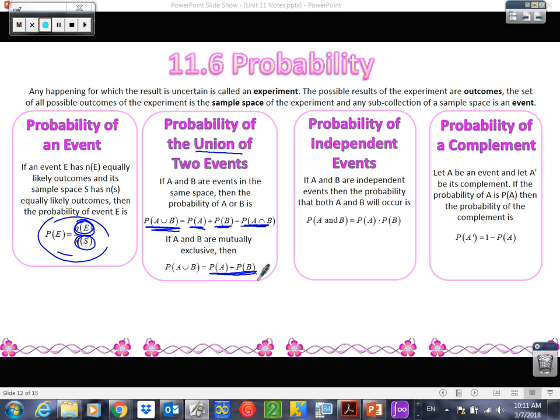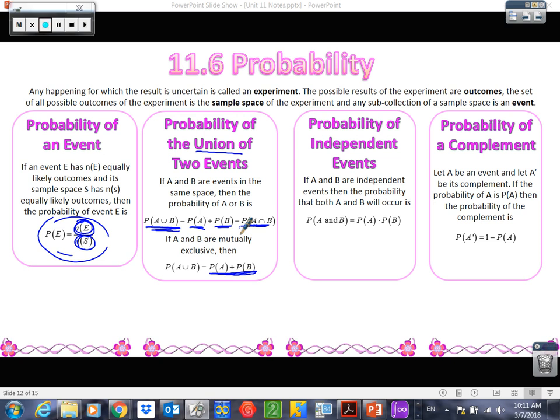So let me give you some examples. Let's say we were going to ask you to find the probability of rolling a 2 or drawing a king. Do they have anything to do with each other? They don't, so there wouldn't be anything that I would have to take out, because there's no overlap, there's no doubles.